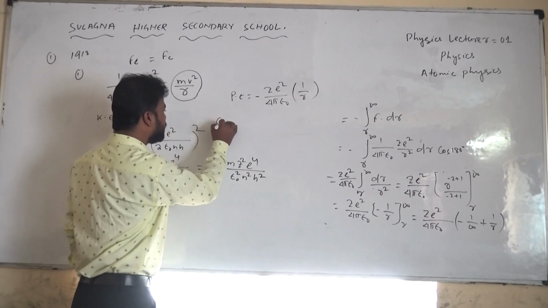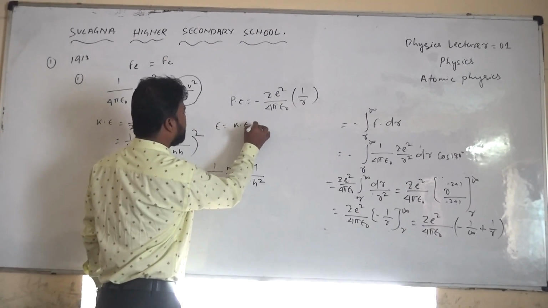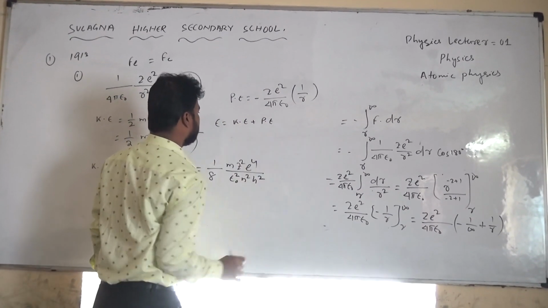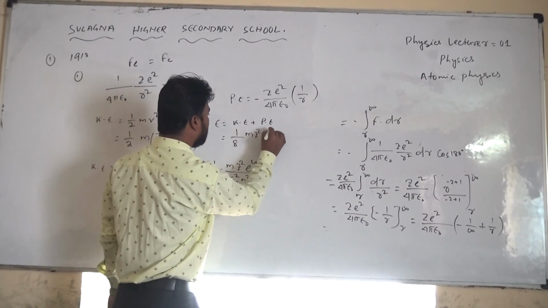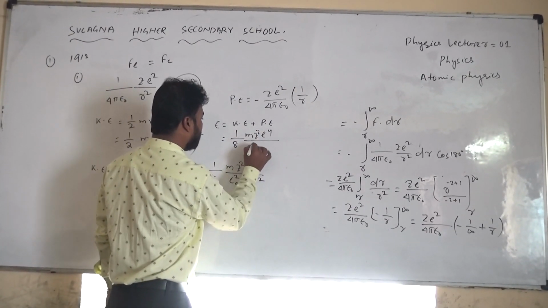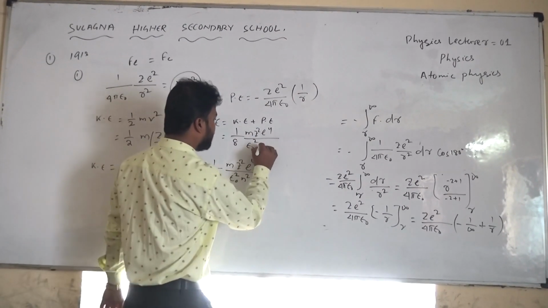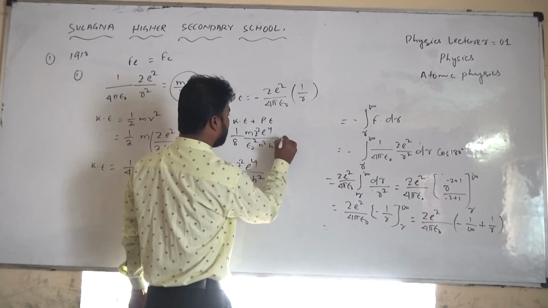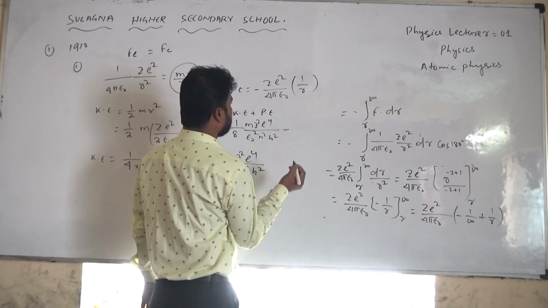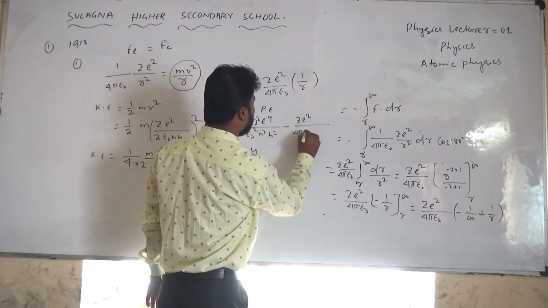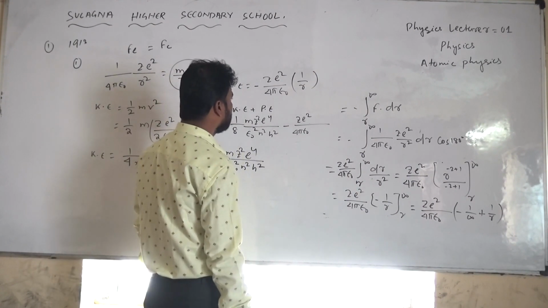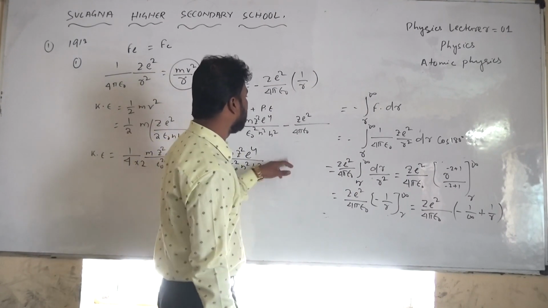So total energy is equal to KE plus PE, that is equal to 1 by 8 m z square e to the power 4 by epsilon naught square n square h square, minus z e square by 4 pi epsilon naught r.